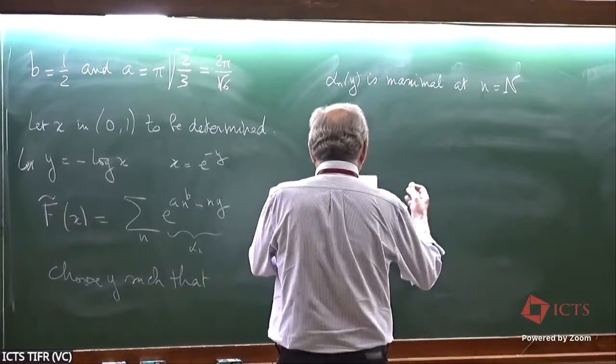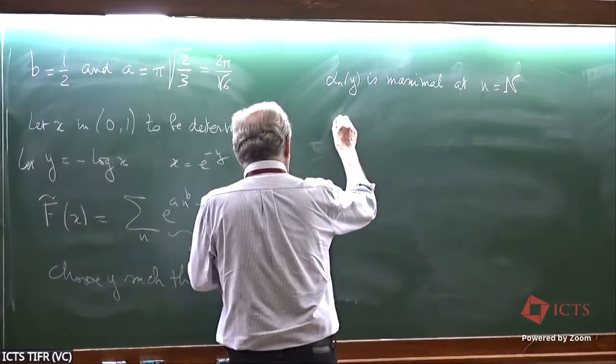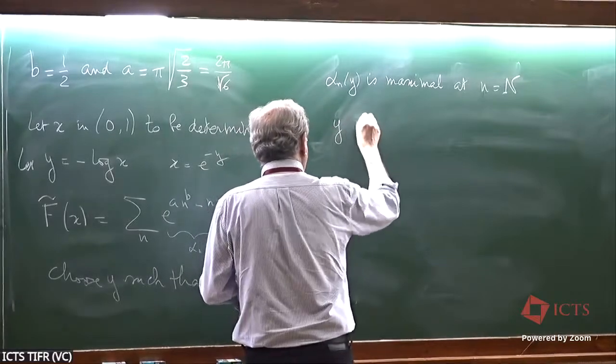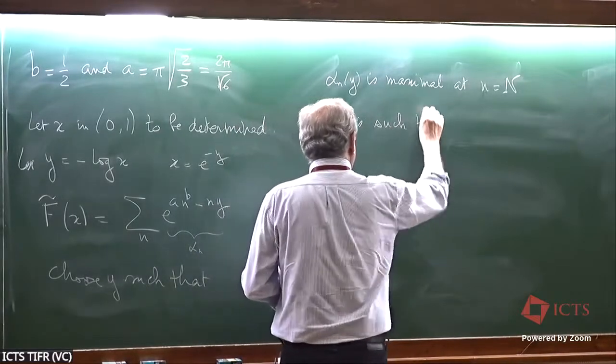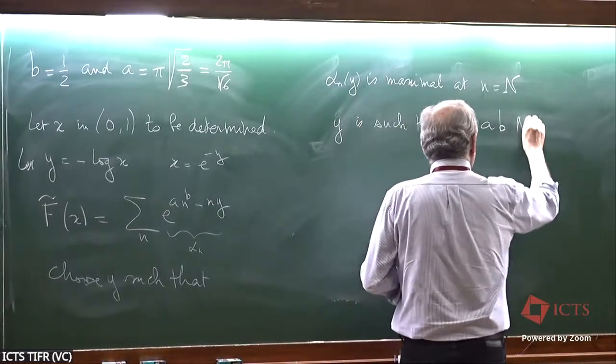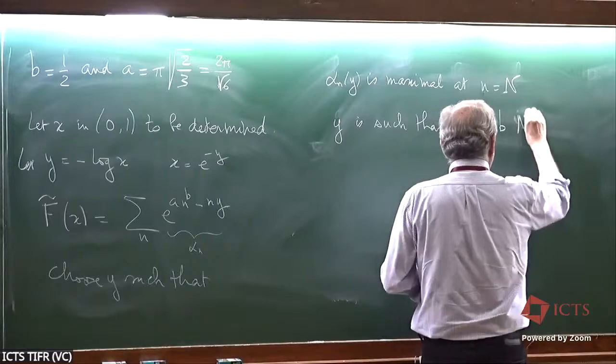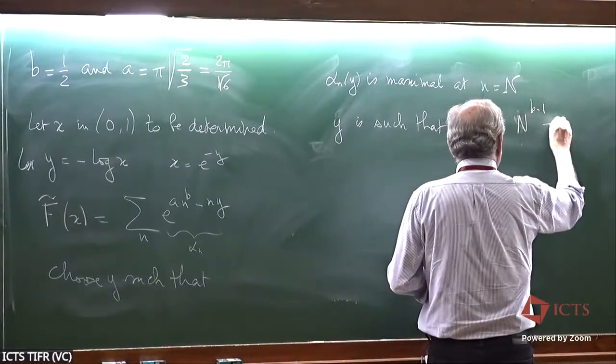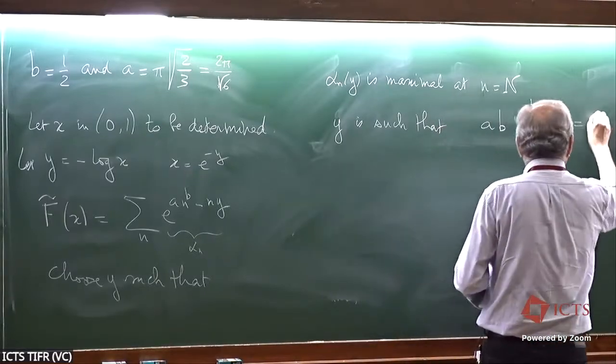That is to say that you want y such that a, b, capital N to the b minus 1 minus y is 0.